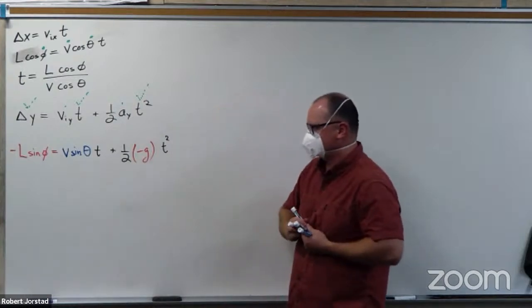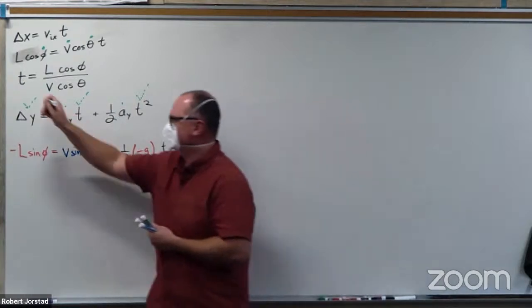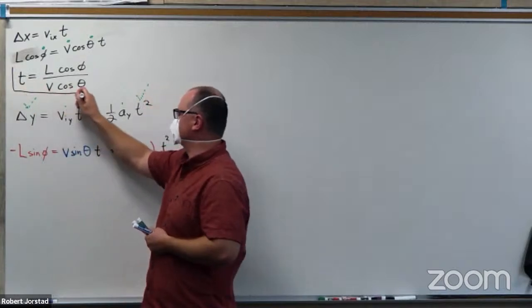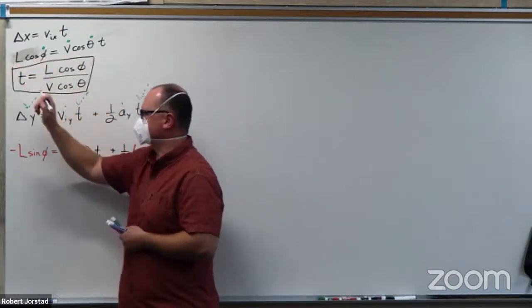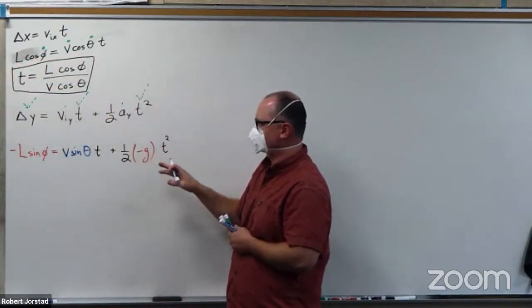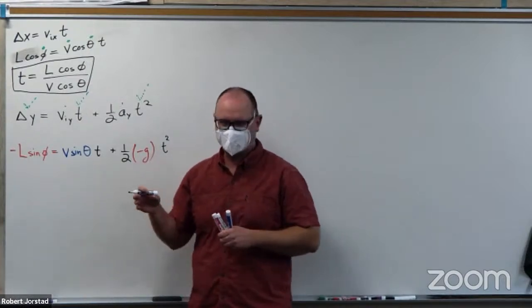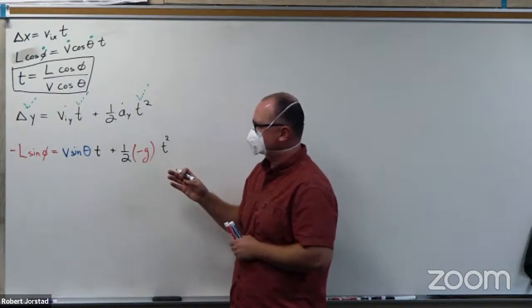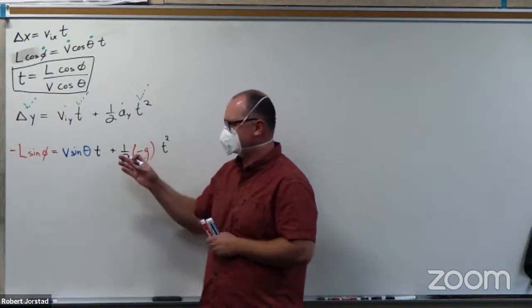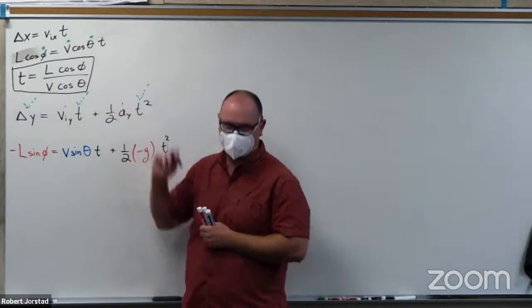And I'm thinking this is looking good. If I use this equation right here for t, I'm going to see everything's got an L in it, and maybe I could do some work. Right? The only unknowns we have are t and L.